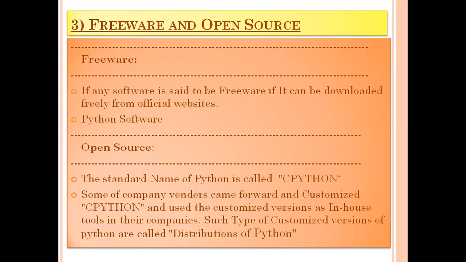Now, what does open source mean? Please remember that the official name of Python is CPython. Some company vendors came forward and customized CPython and used the customized version as in-house tools in their companies. Such customized versions of Python are called distributions of Python.